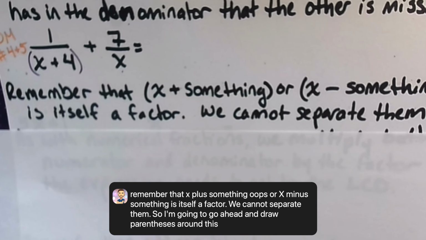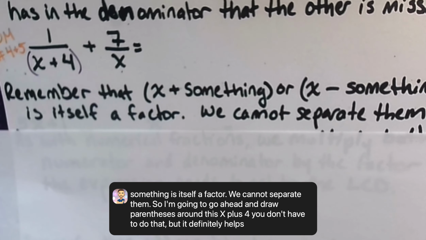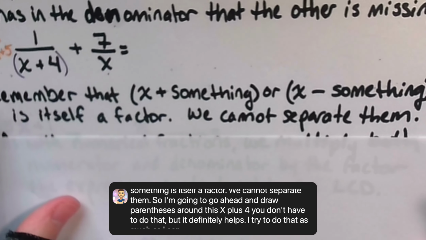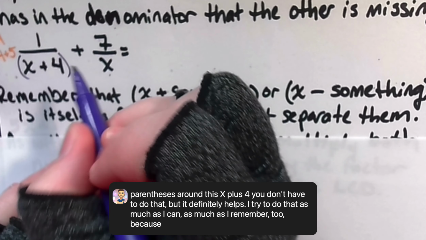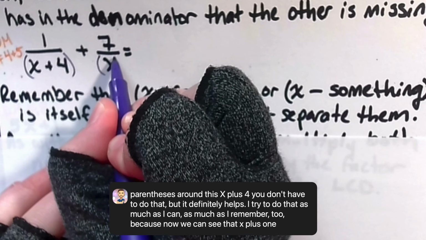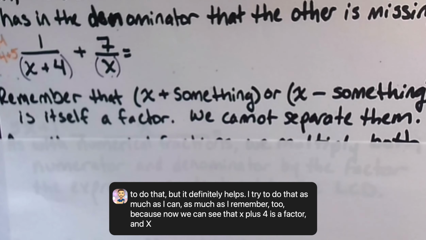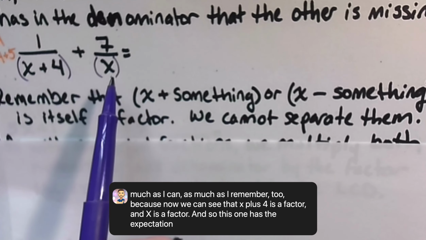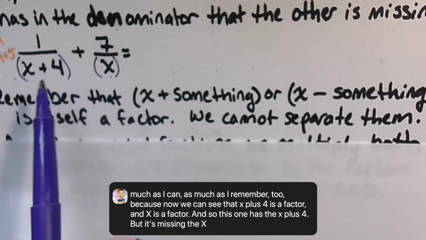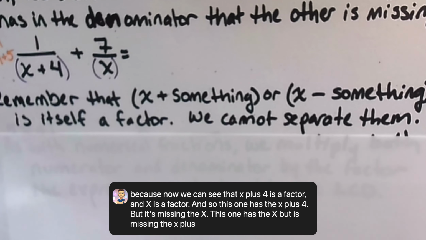You don't have to do that, but it definitely helps. I try to do that as much as I can, as much as I remember to. Because now we can see that x plus 4 is a factor and x is a factor. And so this one has the x plus 4 but is missing the x. This one has the x, but is missing the x plus 4.